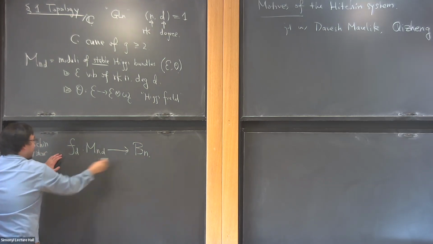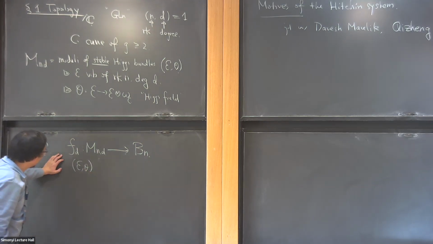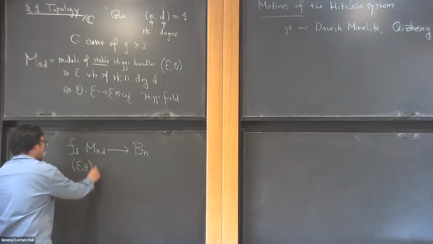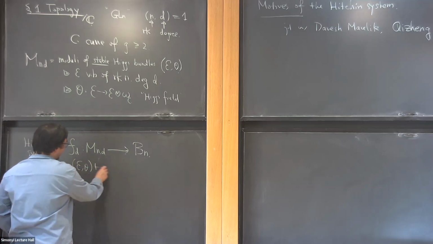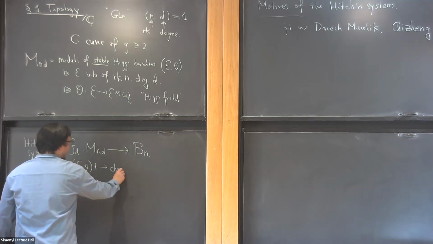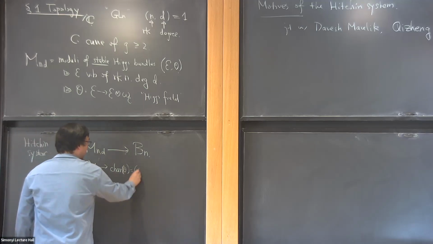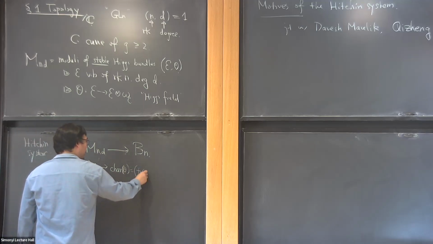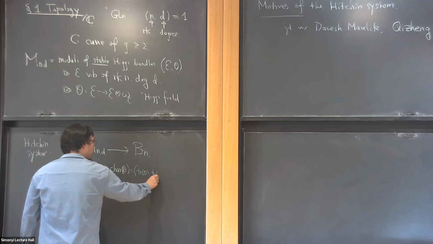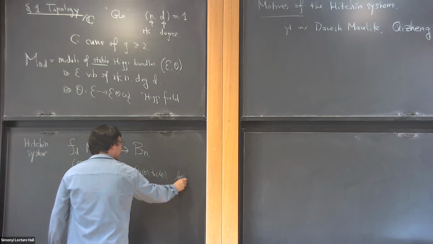So the Hitchin fibration is basically given by calculating the characteristic polynomial of a Higgs field. So you have a bundle with a twisted endomorphism, then we can calculate its characteristic polynomial by collecting the coefficients: the trace of theta, the trace of wedge 2 of theta, and so on, up to the determinant of theta.